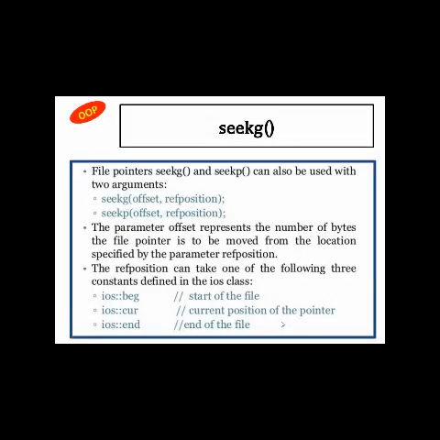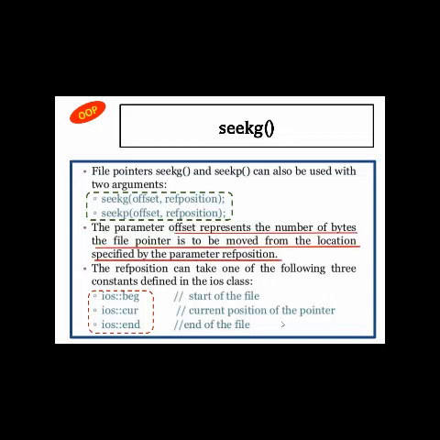seekg has another alternative. You can use seekg with offset comma reference position, and seekp also works in a similar way. The reference position can be any of the three: ios scope resolution operator beg, which goes to the start of the file; ios scope resolution cur, which means the current position; and if you want to set any pointer to the end of the file, you have to use ios end.